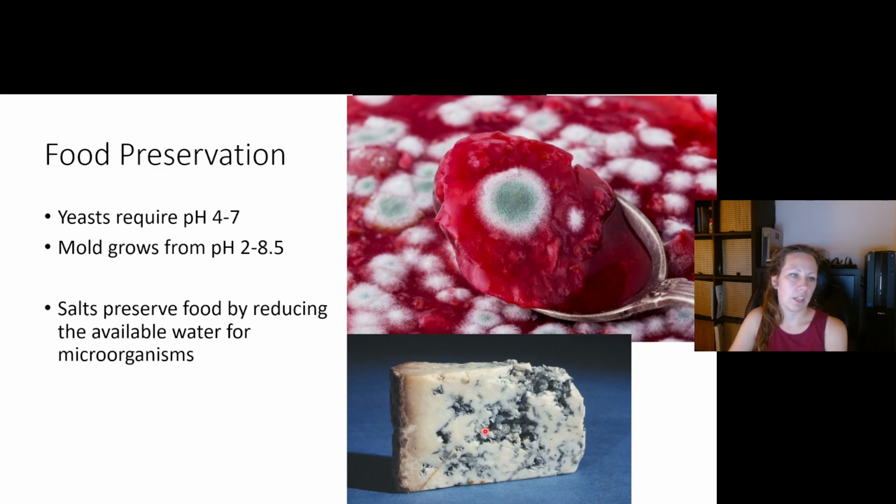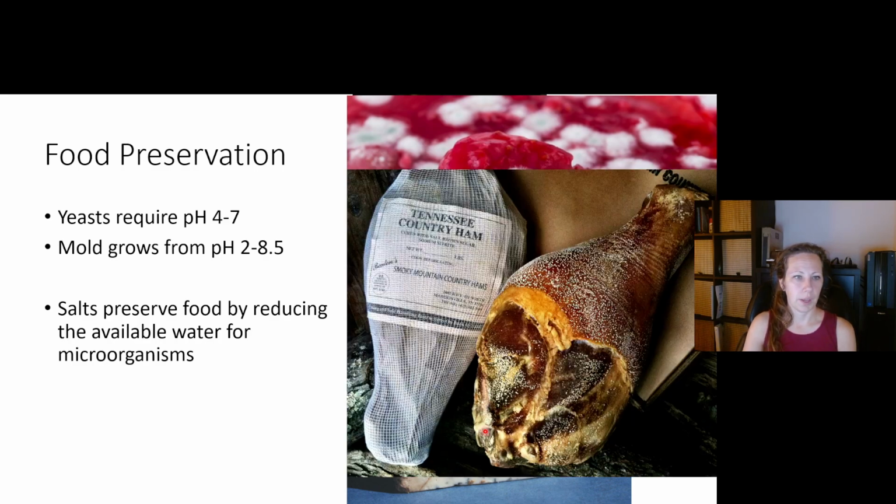Okay, and then finally, talk about salts. Okay, so salts, when we combine acids and bases, we have a neutralization reaction and we produce salts. And they preserve food by reducing the available water for microorganisms. Okay, and so a good example of that today would be the country ham, which is not something people buy very often anymore, but these hams are preserved purely through salt.